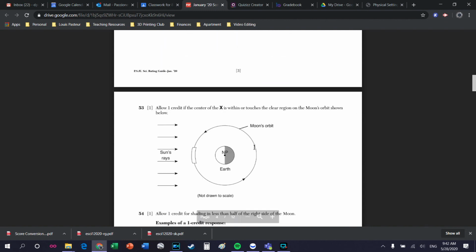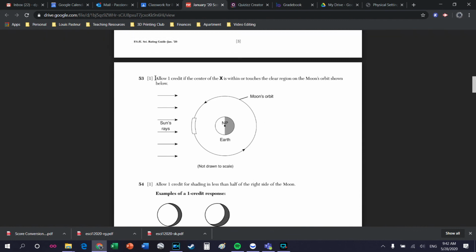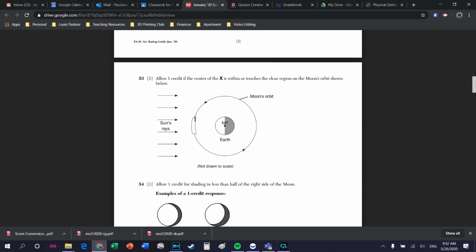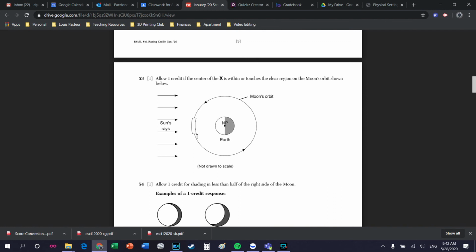Okay, so all right, here's another common question. It says allow 1 credit if the X is within or touches the clear region of the moon's orbit. So if your X is anywhere here in this boxed region, that is acceptable for spring tide. It said, what's another location for a spring tide? So if it's anywhere in there, you get full credit.